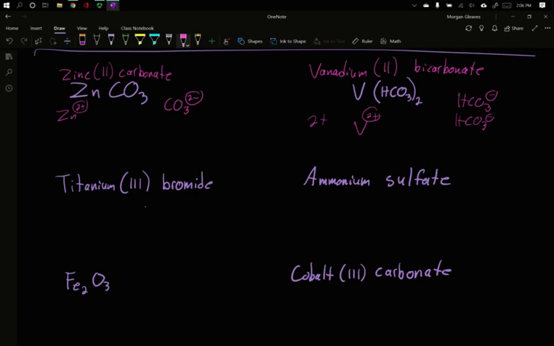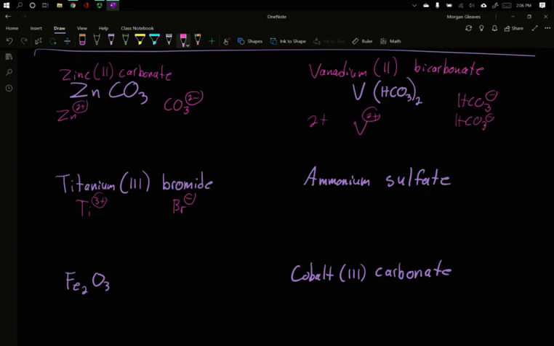Jump down here to our titanium 3 bromide. In this case, we're told the charge right away. If we look up titanium, it is Ti, and it's going to have a 3+ charge. A bromide is a bromine anion. So bromine is Br. We expect that would have a -1.